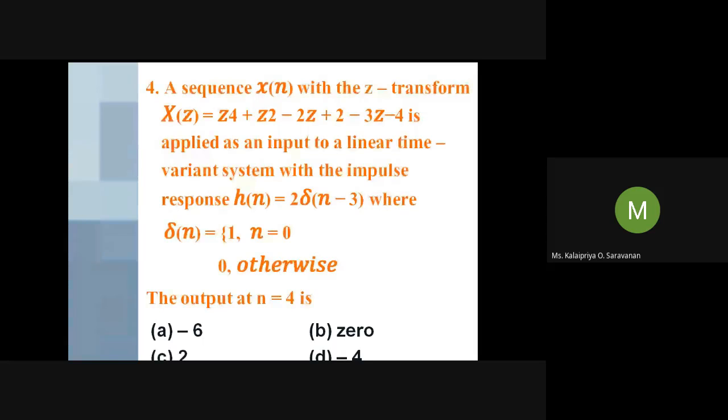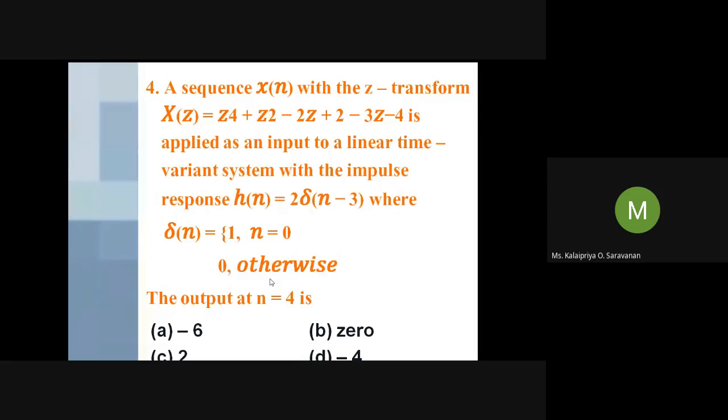Now, the next question. A sequence x of n with a Z transform X of z equal to z power 4 plus z squared minus 2z plus 2 minus 3z power minus 4 is applied to a linear time invariant system with an impulse response h of n equal to 2 del of n minus 3, where del of n exists for n equal to 0, and for other places it is 0.